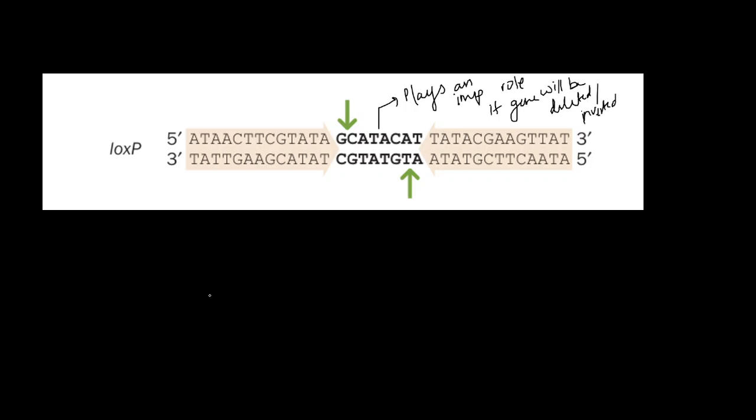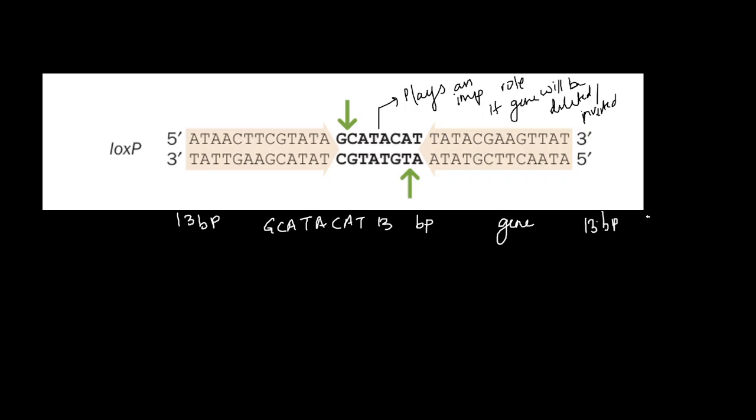So for example, if you see here, suppose this is your repeat sequence, 13 base pair repeats, this is your sequence GCATACAT, and then again the 13 base pair repeats, and then there is your gene which you are targeting, and then again there is going to be the 13 base pair repeats.